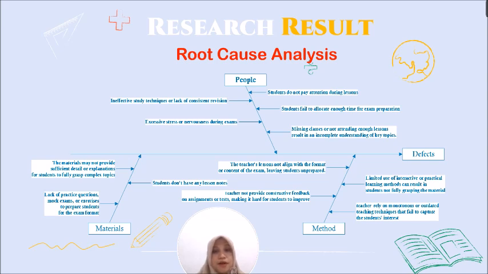The root cause is about the people itself, which is the students do not pay attention during the lesson, students fail to allocate enough time for exam preparation, students miss class or do not attend enough classes, resulting in an incomplete understanding of the key topics, and students' ineffective study techniques or lack of consistency, and etc.